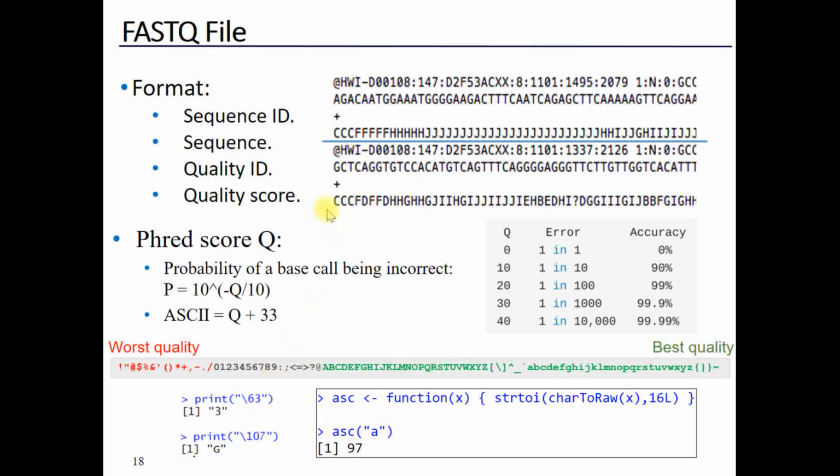And if you look at the fourth line and it's all like Arabic numbers, then you need to worry about your sequence quality.